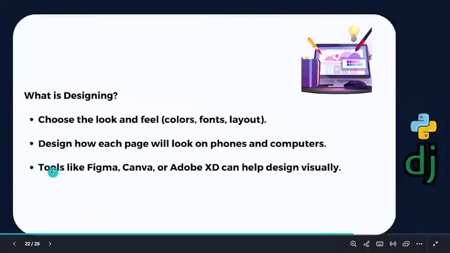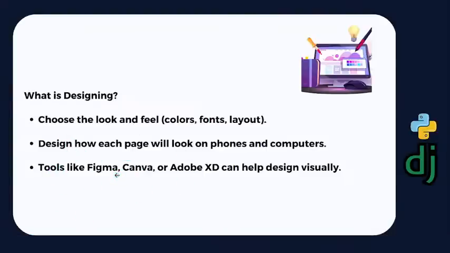And what tools do we use for designing? We use Figma, and Canva also. Adobe XD is also used for designing our website. It helps designing visually. Before coding, we need to design how our website looks.